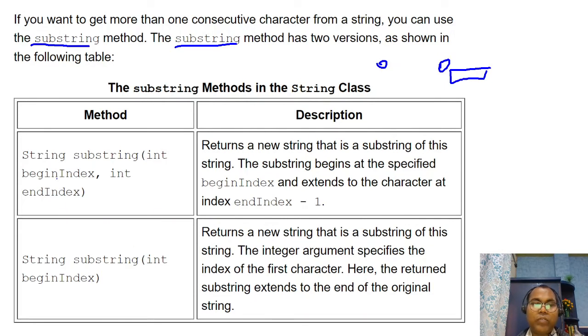You can pass your starting index and end index, from this index to this index, or you can pass only your beginning index, which assumes you are going till the end.